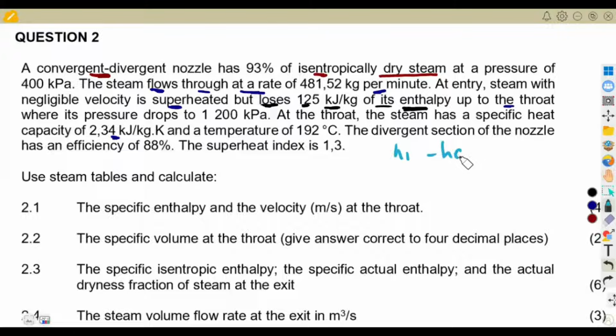So they are saying H1 minus HC, which is the loss that happened, the difference, is 125 kilojoules per kg. This is what they're giving you.